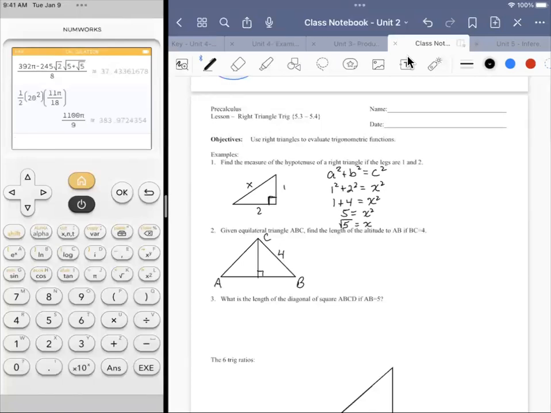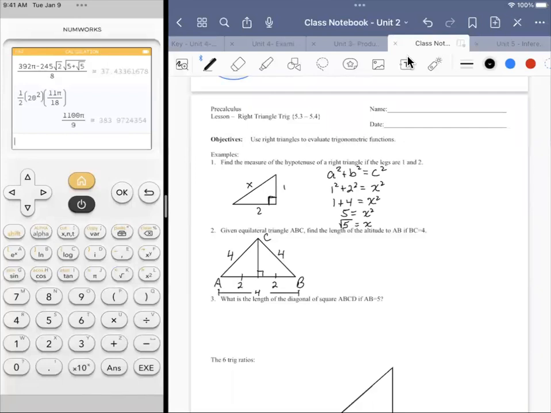So if BC is equal to 4, so is AC, and so is AB. Right? One of the properties of an altitude in an equilateral triangle is that it will bisect the base, right? Which means that these two line segments are equivalent, specifically equal to 2.